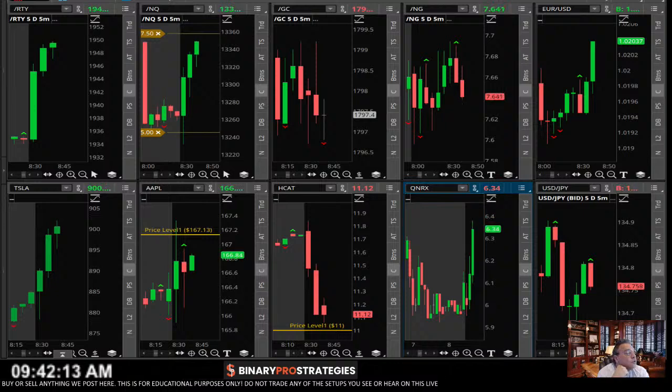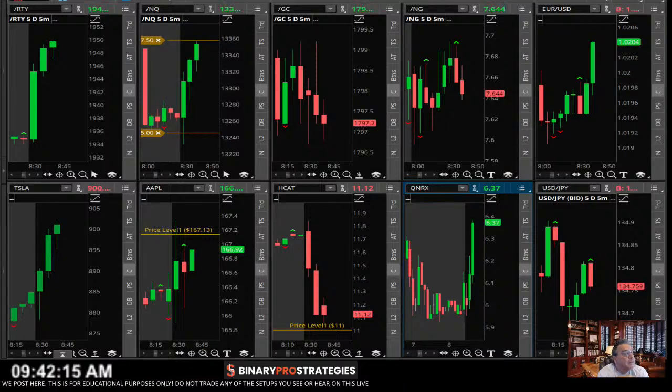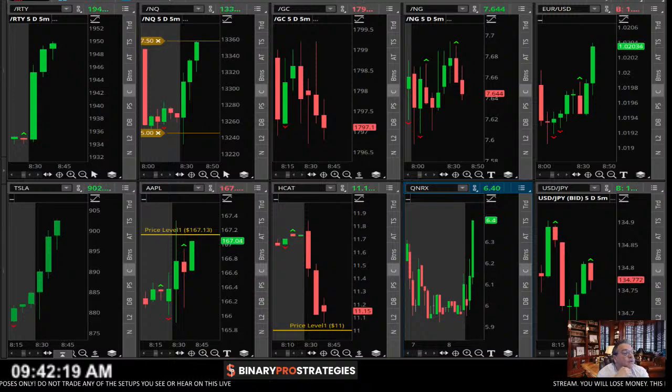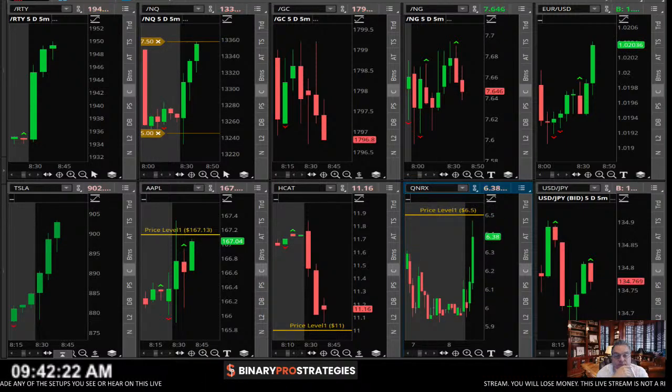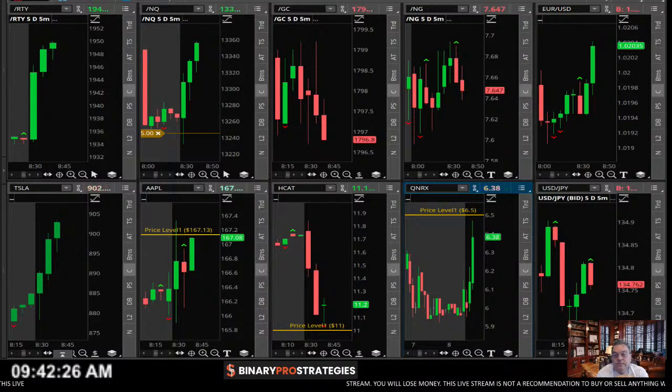Mini NASDAQ approaching target up here. Target once again is at 133.57.5. Profit target hit. All right, so we did hit target on our mini NASDAQ.